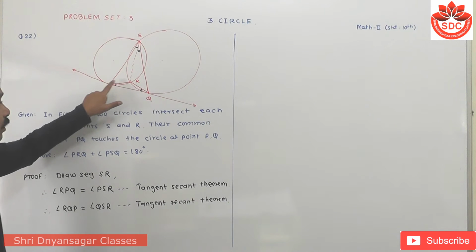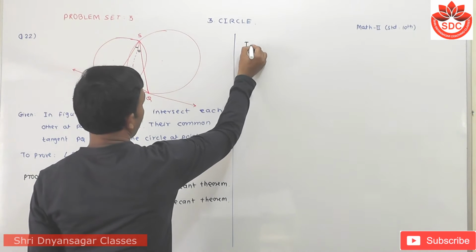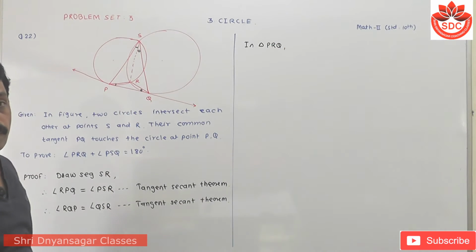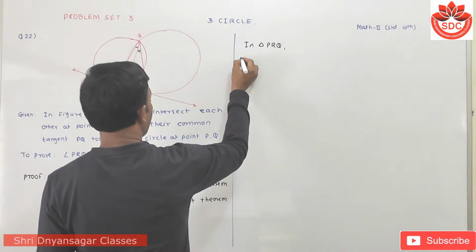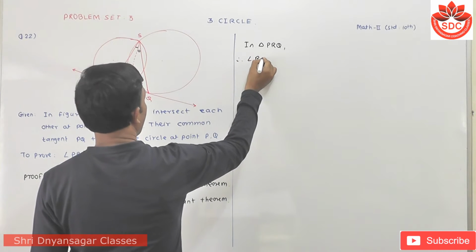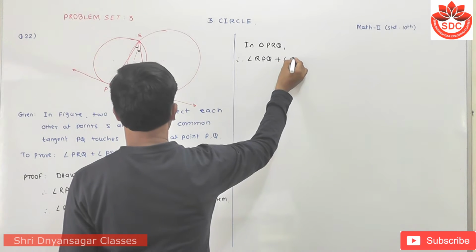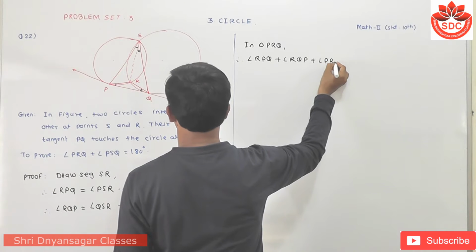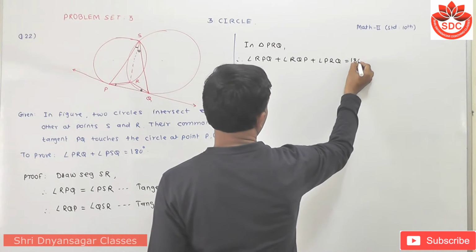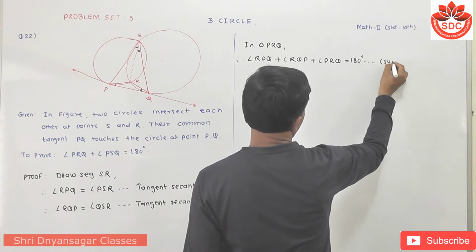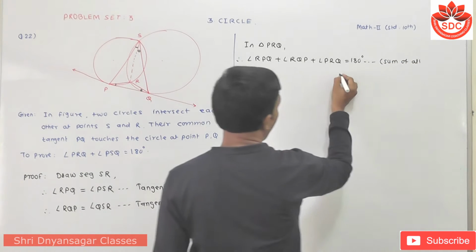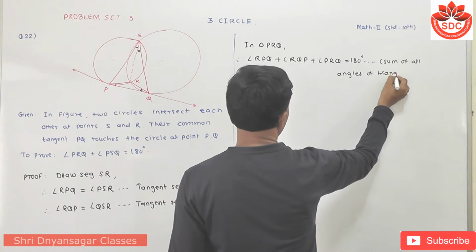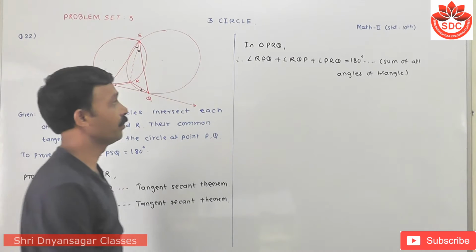Okay, then take this triangle PRQ. In triangle PRQ, observe carefully, the sum of all angles of a triangle is 180 degrees. Therefore angle RPQ plus angle RQP plus angle PRQ is equal to 180 degrees, because the sum of all angles of a triangle is how much? 180 degrees.